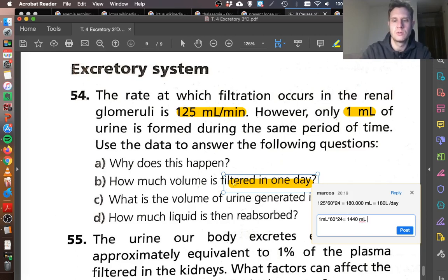So it's almost 1.4 liters of urine, of pee, per day. Good.